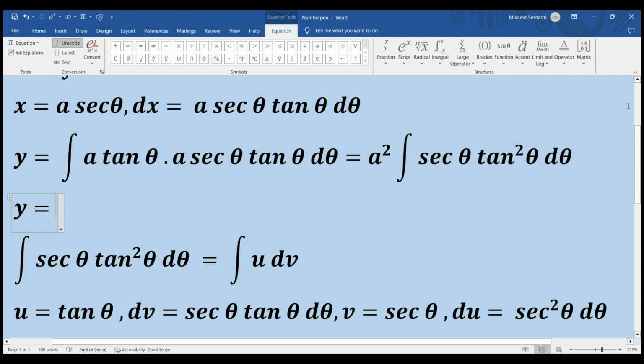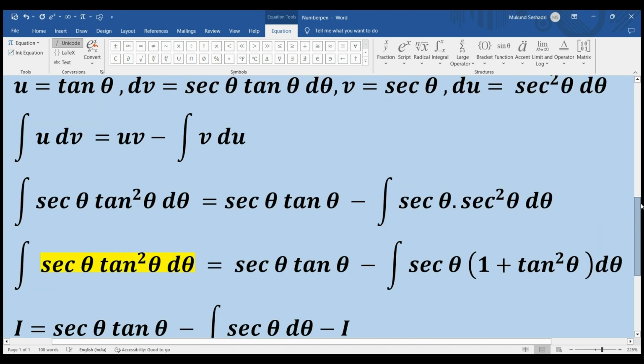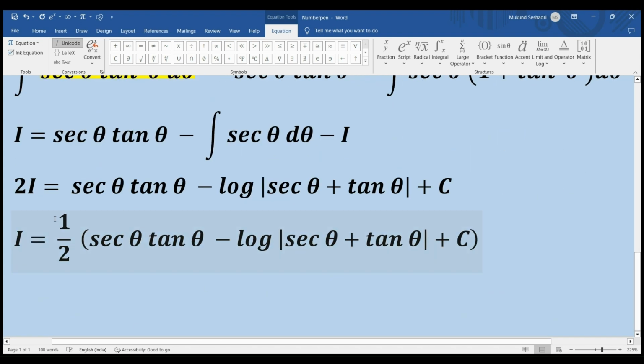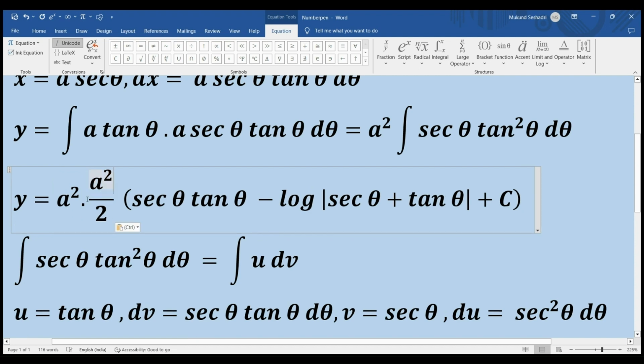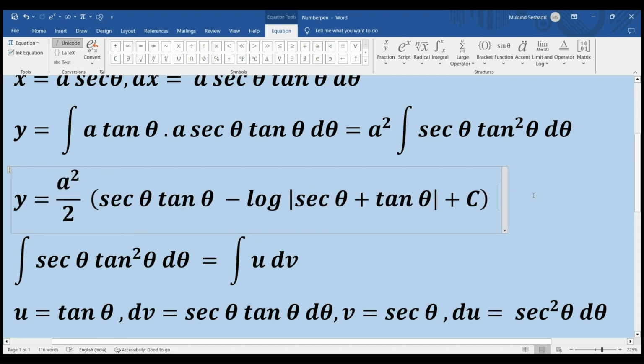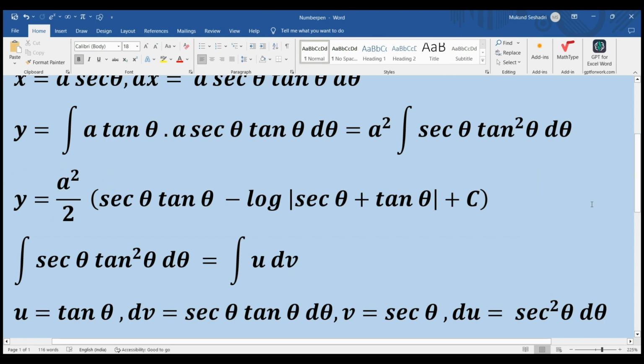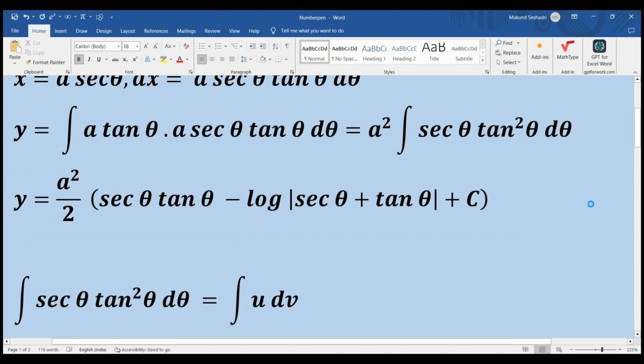So I'll have an a square times I, and what is our I? We just worked that out. So that's my y. I can combine the a square and the half, and write this as a square by 2. Now I'll have to put back everything in terms of x, not very complicated for us.